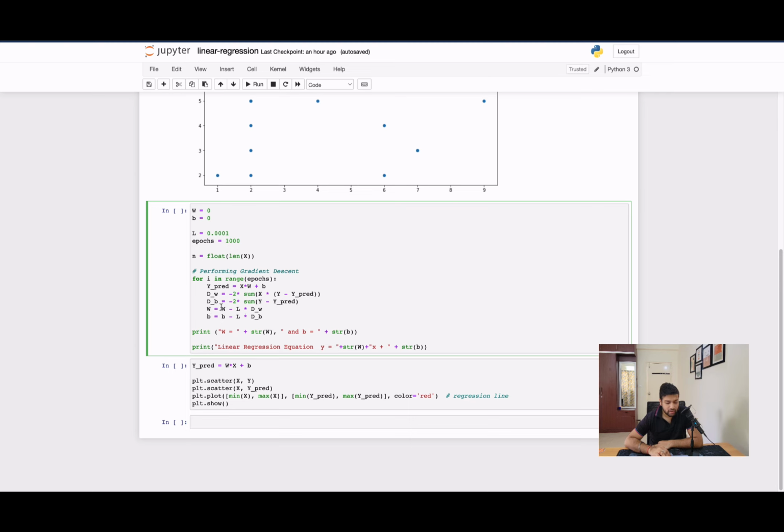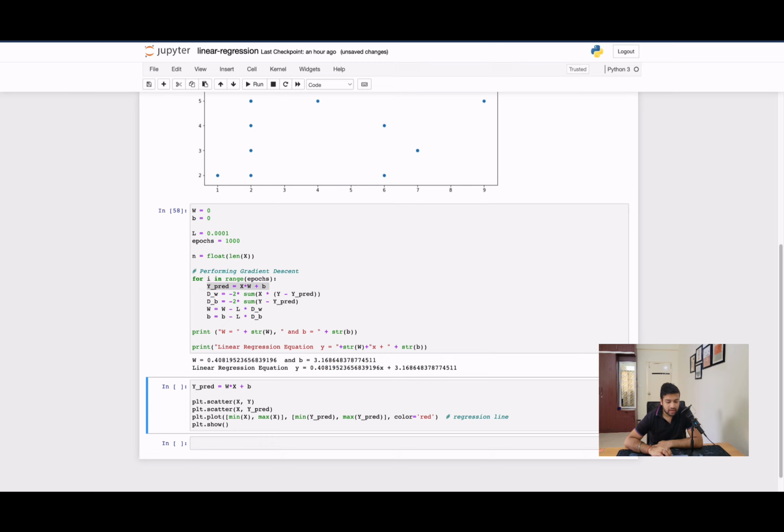So W new will be equal to W old minus the learning rate times the derivative with respect to W. Similarly, bias new will be equal to bias old minus learning rate times the derivative of loss with respect to the bias, and these become your new parameters, which are now used for making new predictions. So this is a very simple implementation. This is how you can implement linear regression in just these 5 lines of code.